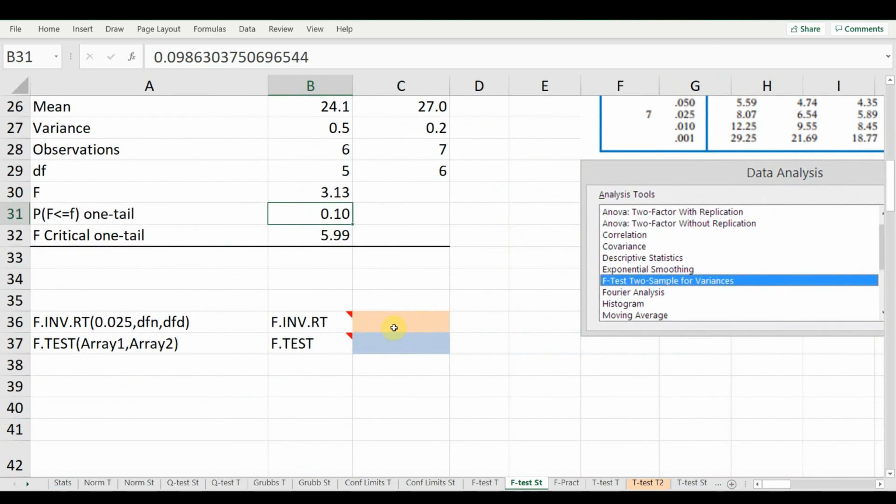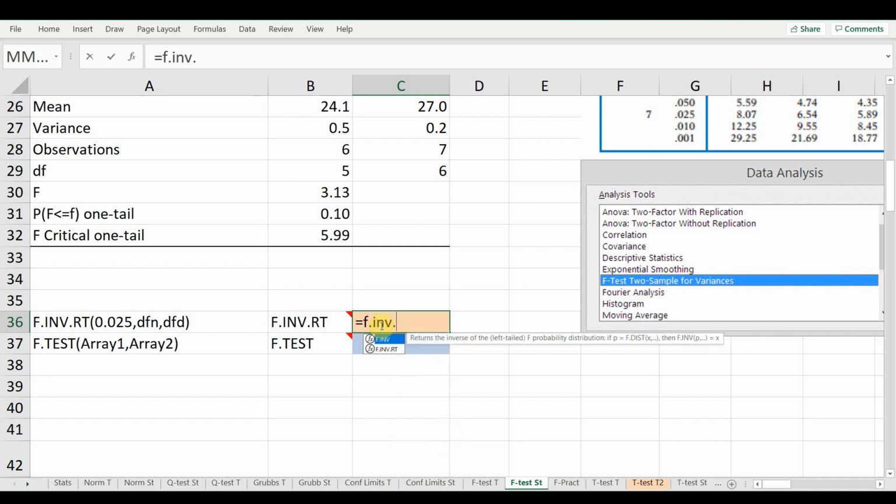As mentioned earlier, Excel contains a function that will give us the upper F critical value. Equals F.INV.RT. There it is, tab. Now our probability is 0.025.